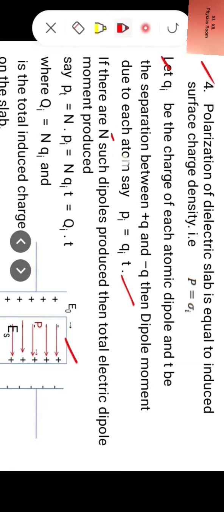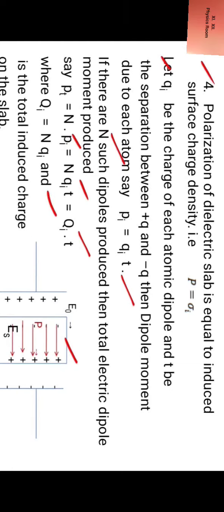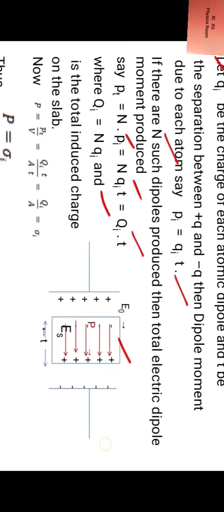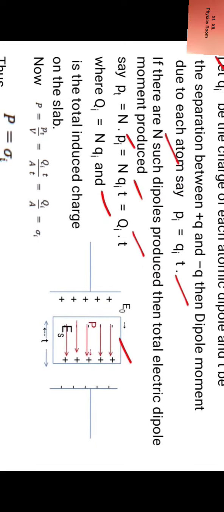If there are n such dipoles produced, then the total electric dipole moment Pt is equal to n pi, or n Qi t, or Qt, where Q is equal to nQi and is the total induced charge on the slab.